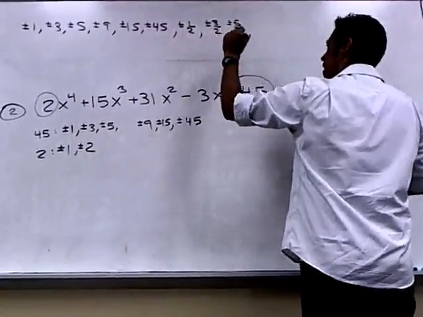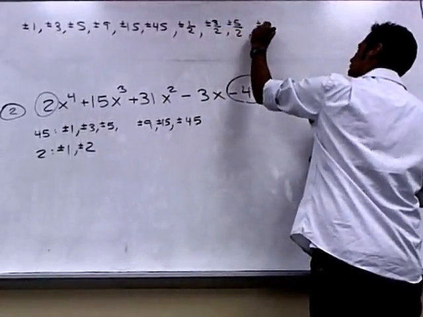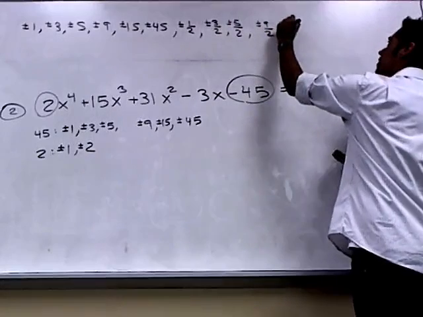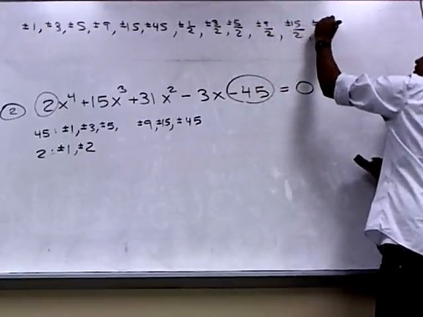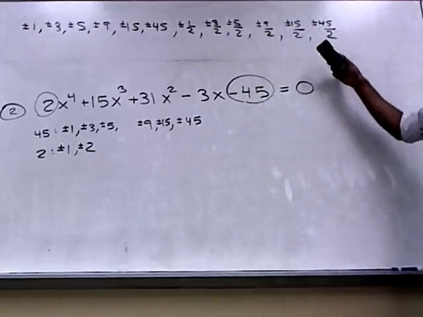Jeez. 9/2, none of these are simplifying. 15/2, and 45/2. I will look for that list on the test.